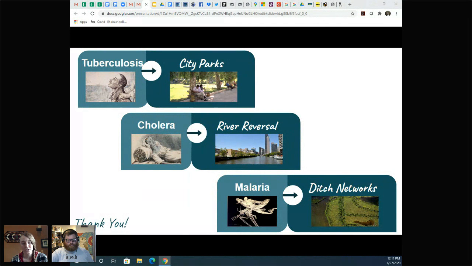So I don't really foresee people moving away from cities, but certainly we can see an impact on our lifestyles.